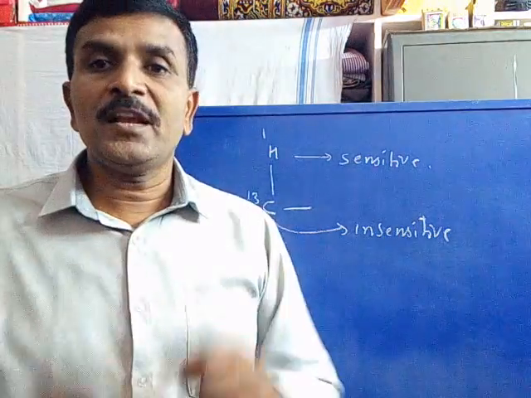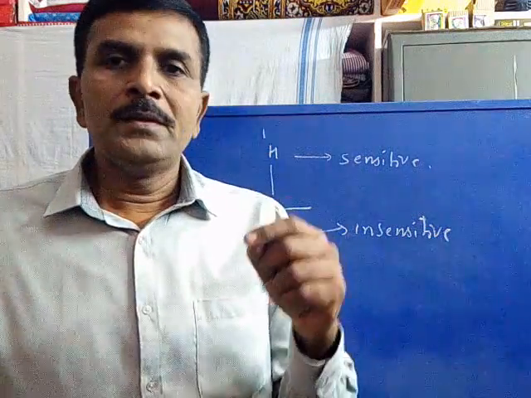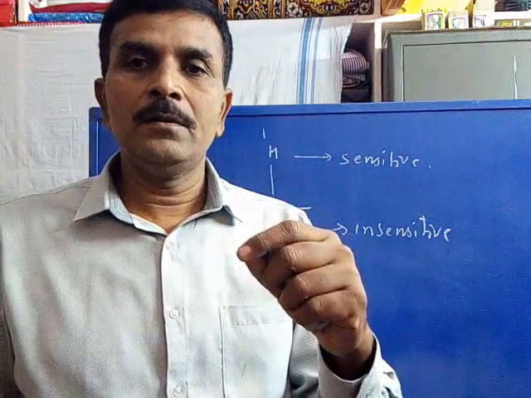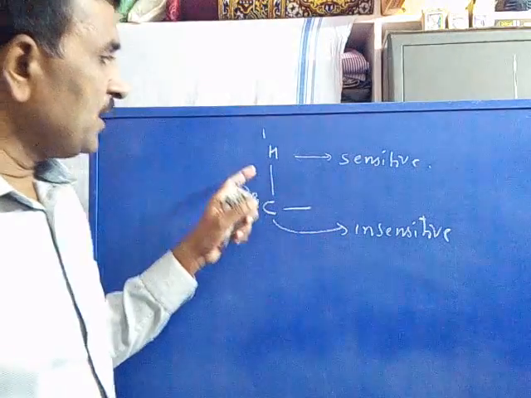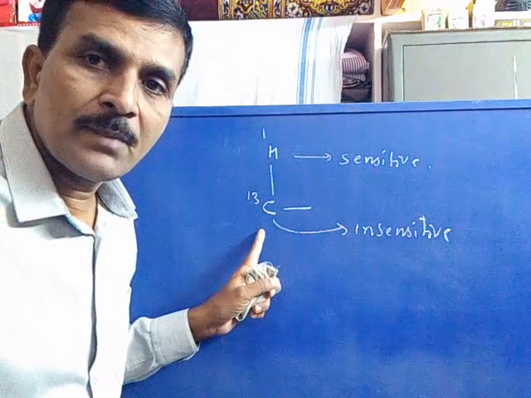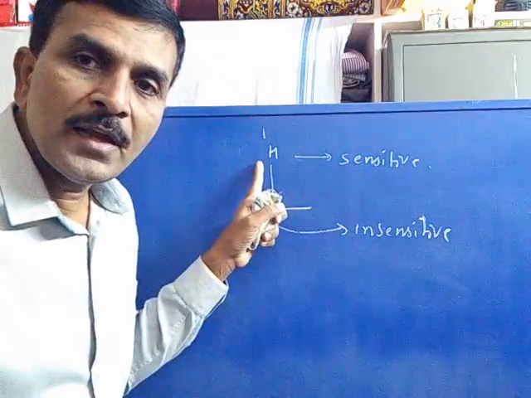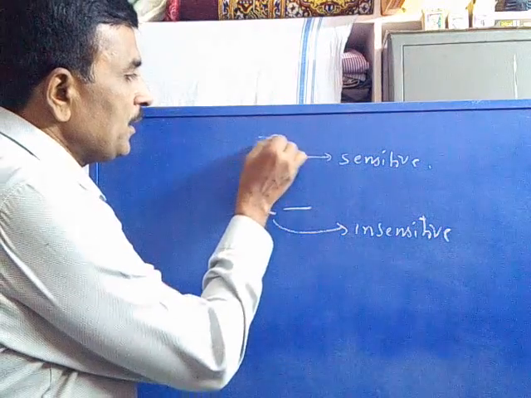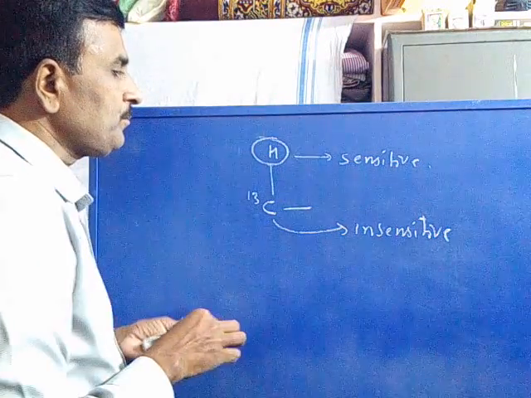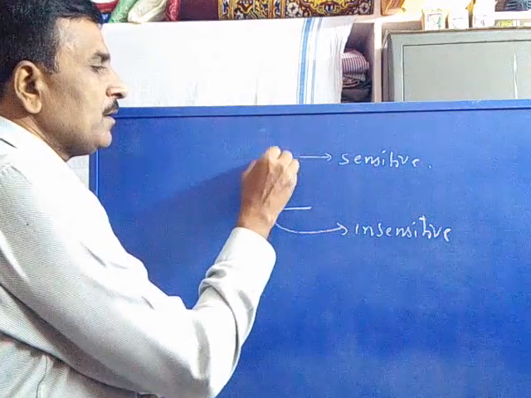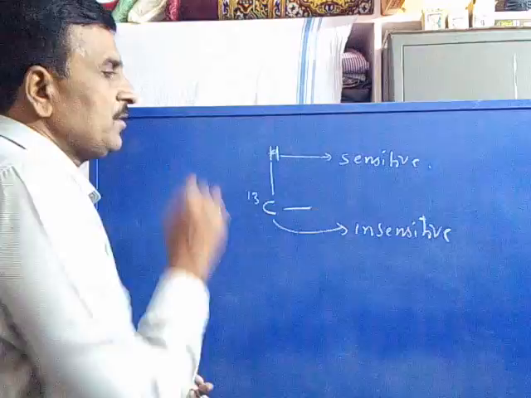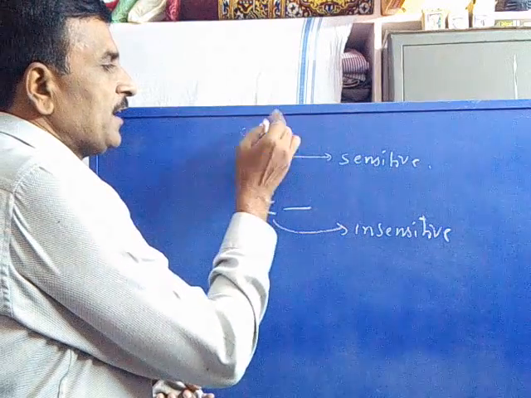Now in the INEPT experiment, the magnetic field produced by the sensitive proton. Within the molecule there is a proton and a carbon. A proton nucleus is a spin active nucleus. Due to its spin around its vertical axis, it produces a magnetic field.